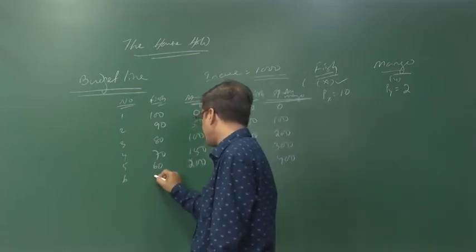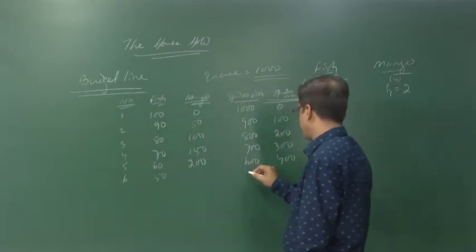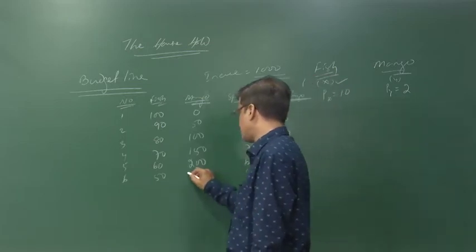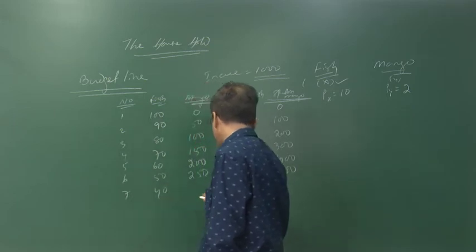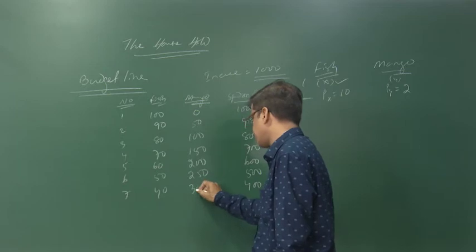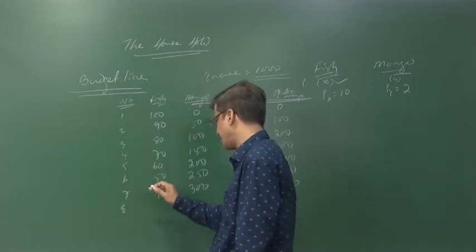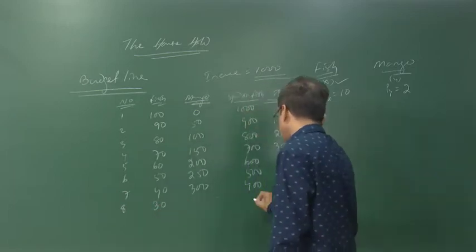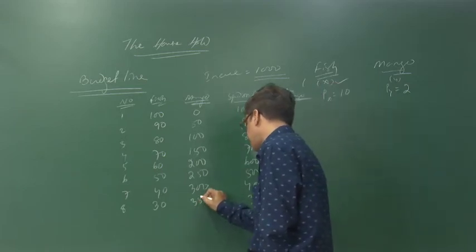And if you take into account 50, let us say 50 means 500, remaining 500 will be there, 500 means 250. And the seventh one, let us say it is 40, it will be 400, the remaining 600 turns to be 300. And the 8th combination, let us assume it will be 30, it turns to be 300, with 700 it is 350.